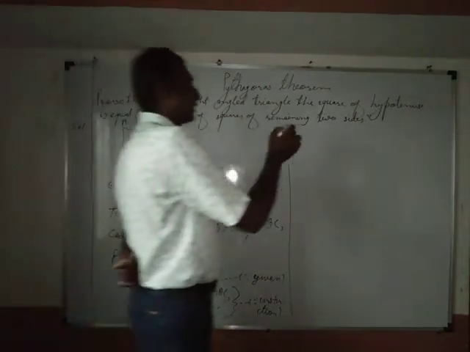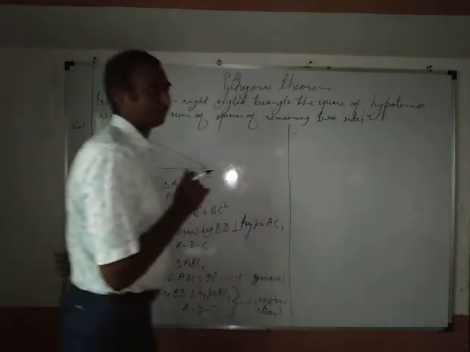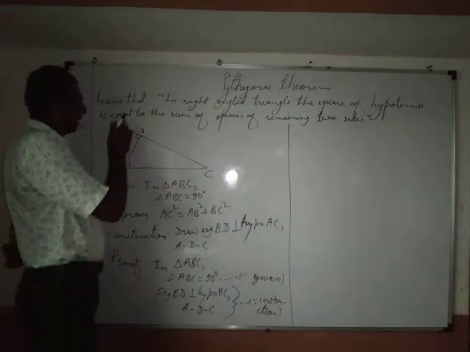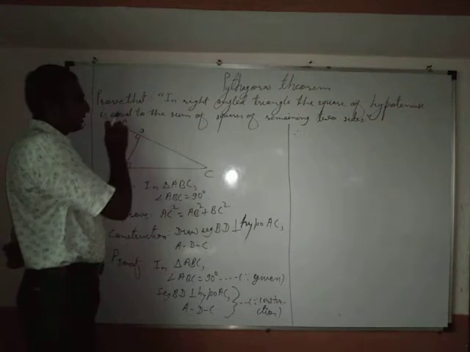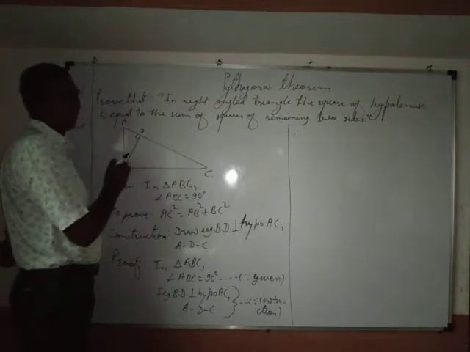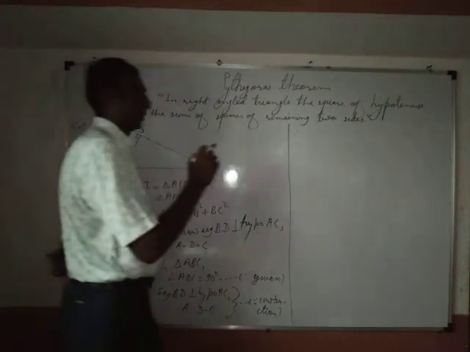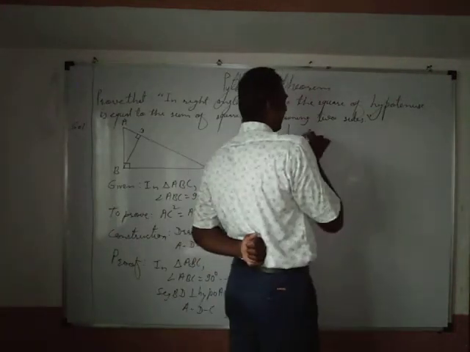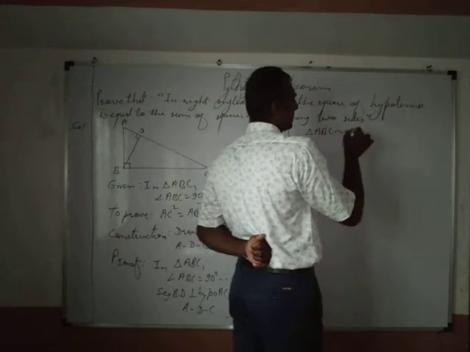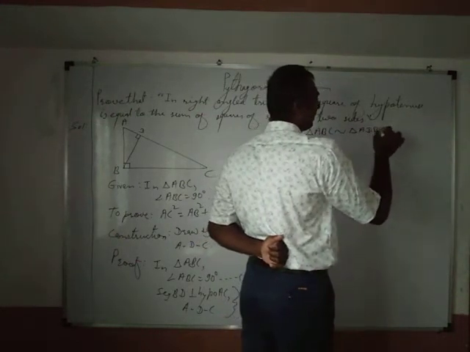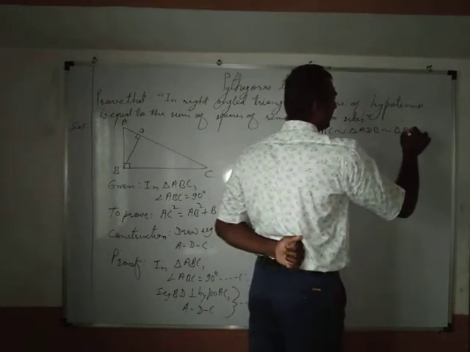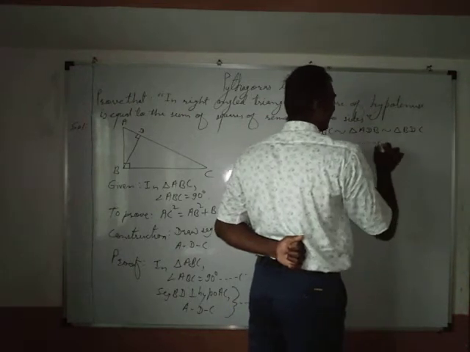Now let's apply that. Therefore triangle ABC is similar to triangle ADB, and that is similar to triangle BDC.